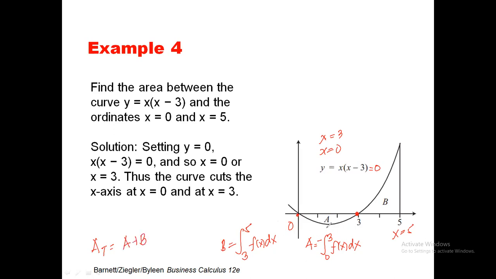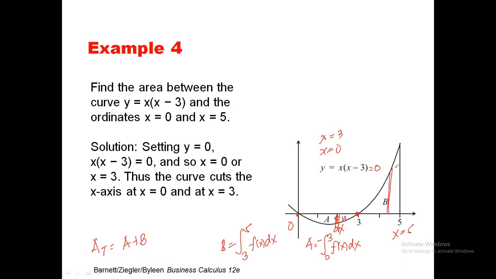Now take note that A should have a negative sign before it because it's an area that lies below the x-axis. If you have drawn your differential element here, this is y dx. It's consistent within the area that you're going to determine. The same thing in here.